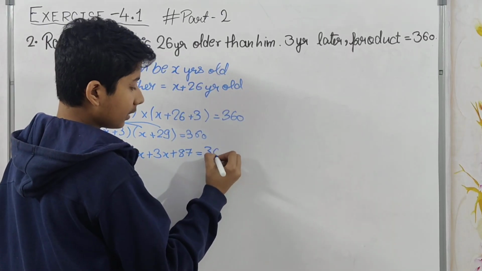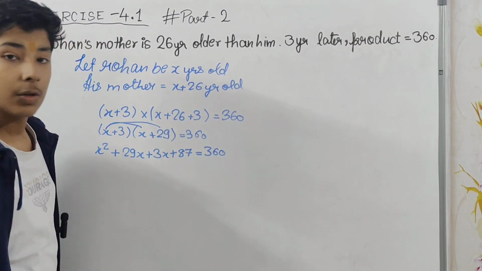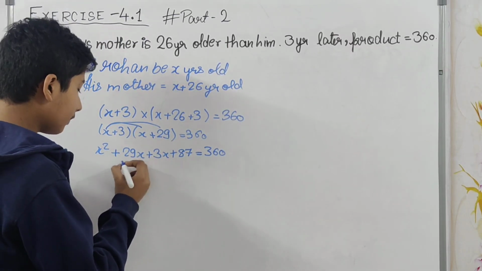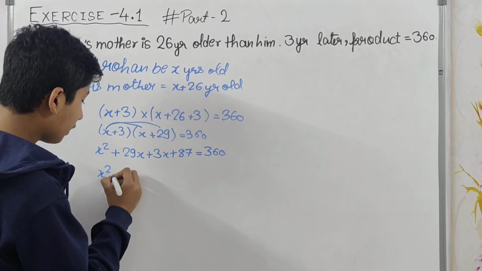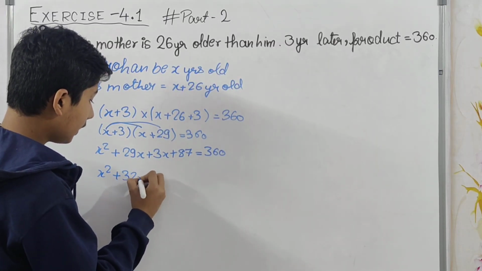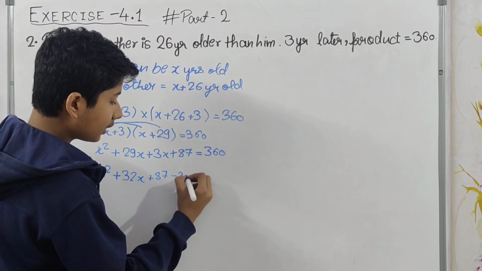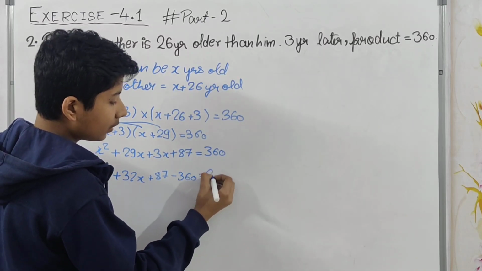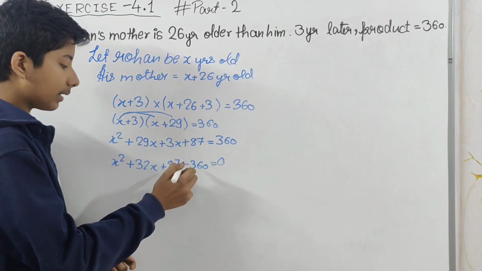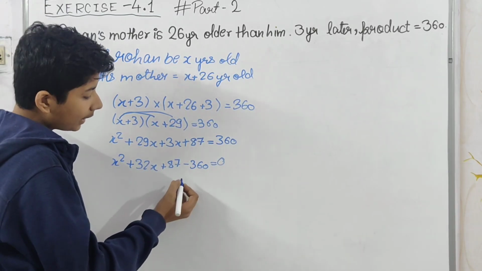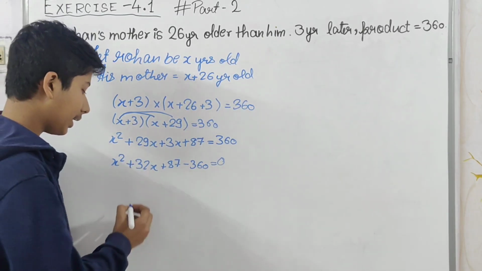equals to 360. So when we solve it, it becomes x square plus 32x plus 87 minus 360 equals to 0. Now when we solve this, 360 minus 87 is 273.